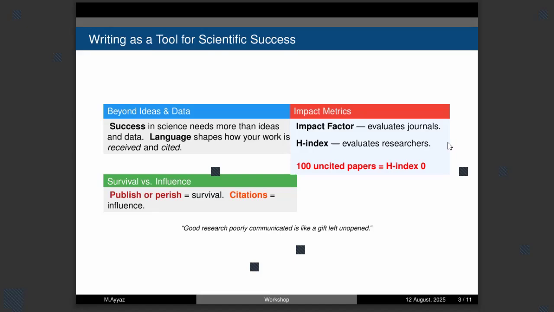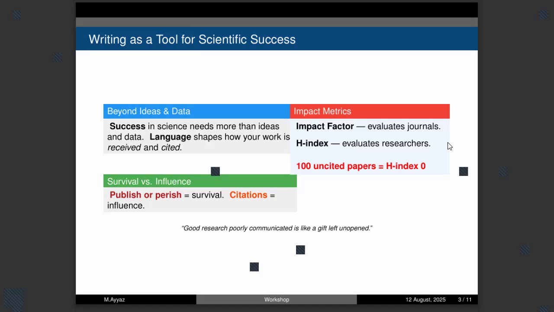So there are two metrics through which we can evaluate a published work. These are the impact factor that evaluates the quality of a journal and the H index that evaluates the quality of a researcher and their credibility. So how do we measure them?